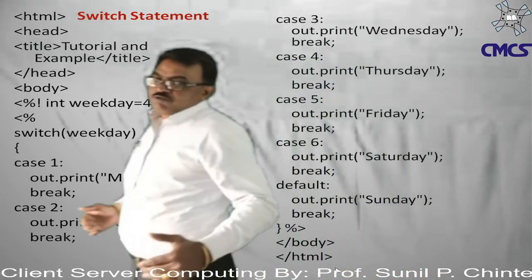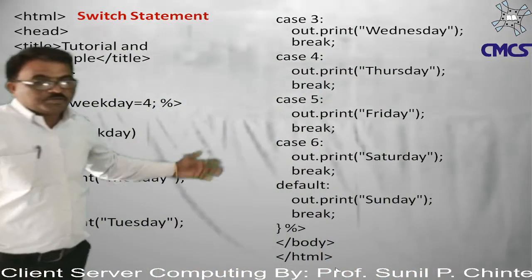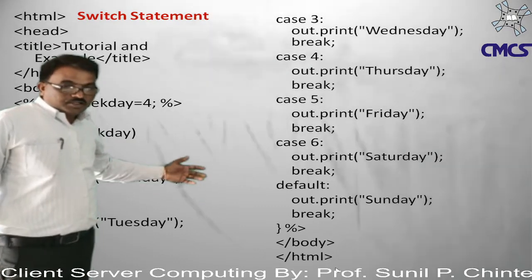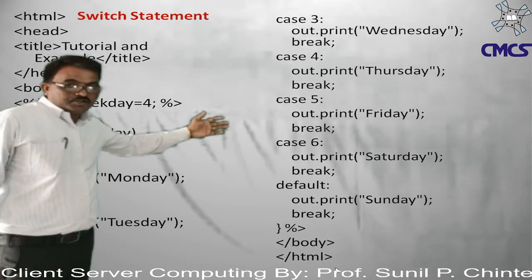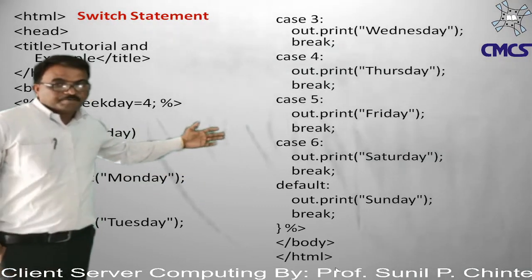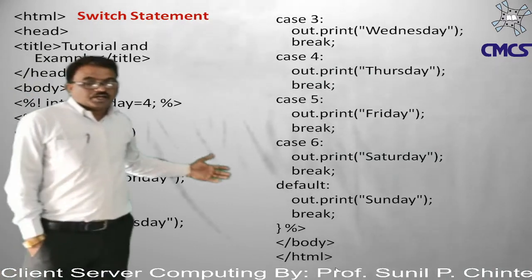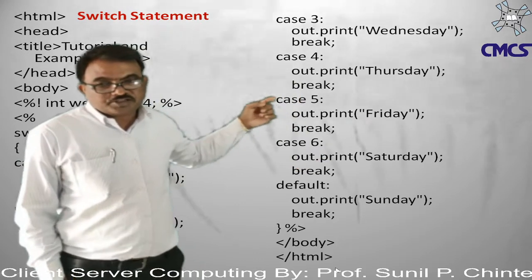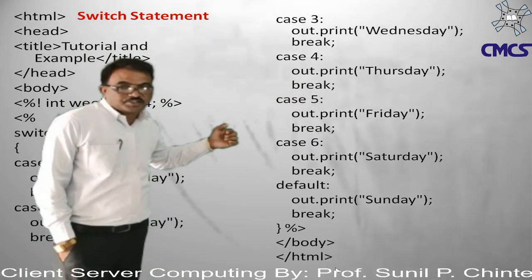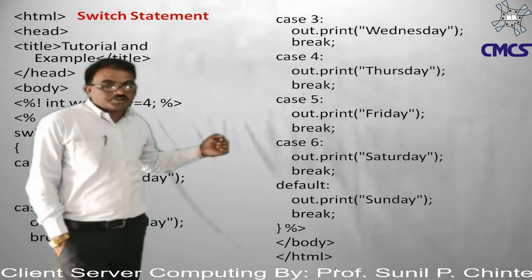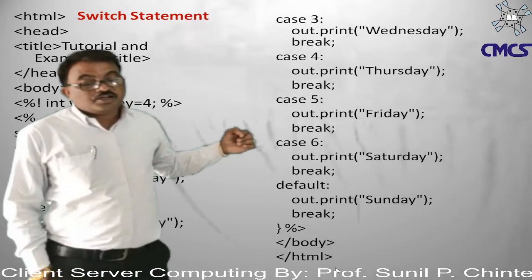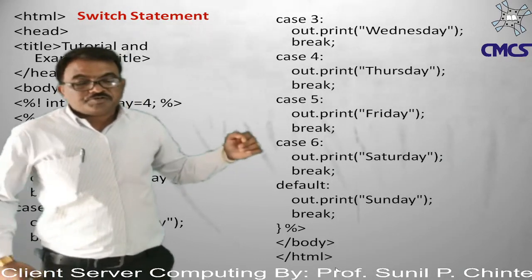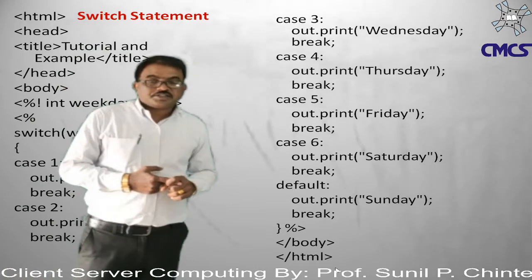After that, if there is no break statement used in case 4, case 5 and the default, what will happen is that case 4 will be executed, then case 5 will be executed, case 6 will be executed, and the default case will also be executed if we don't use break statements.